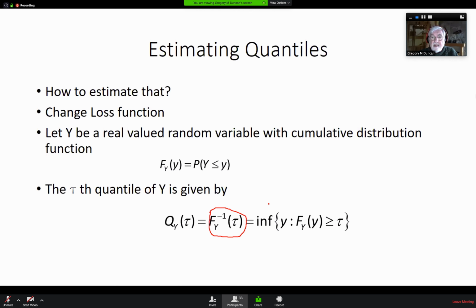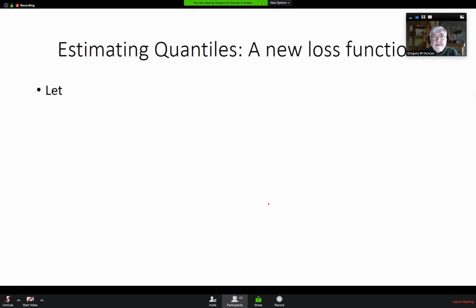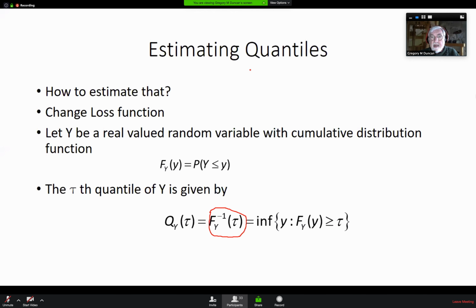Let me just note the following here, that this is F. This is 1. The cumulative distribution function looks like that.